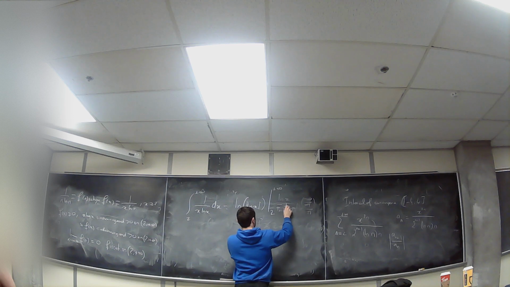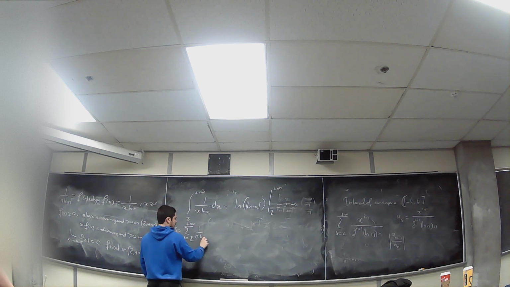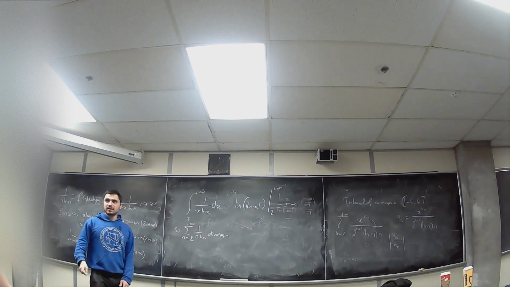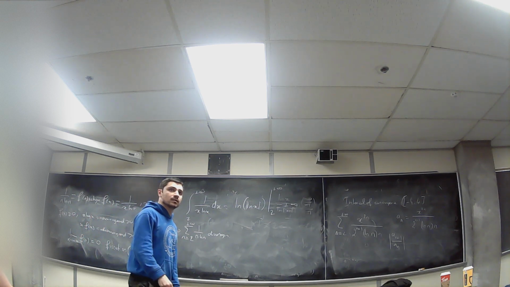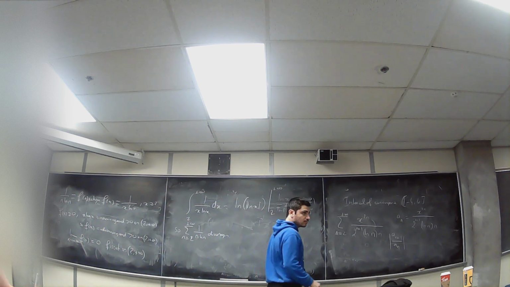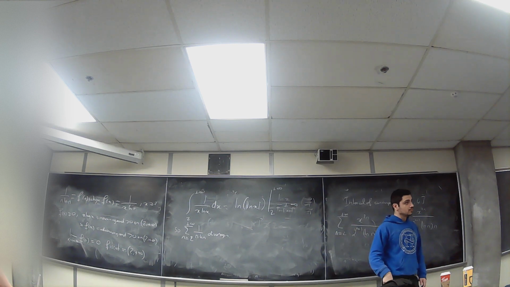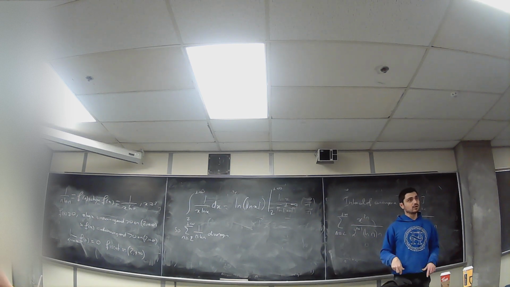Does it diverge or converge? Diverges, right? This is plus infinity. So it diverges. What is the interval of convergence of my series? Open bracket. Minus root 2, root 2. Both or one of them is open? Both are open. Interval of convergence.